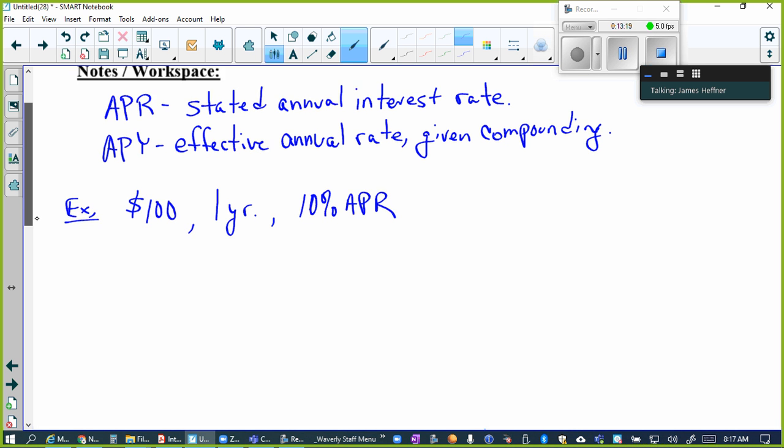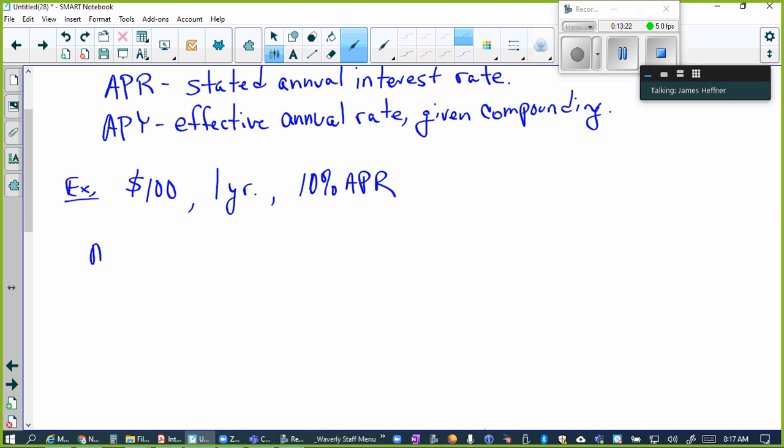So let's take a look at this for N in our formula equaling 1, okay? So we would have $100 times, this is the simple version, 1.10 to the 1, right? Because there's only 1 year. And I bet you can do that without your calculator, 10% per year.